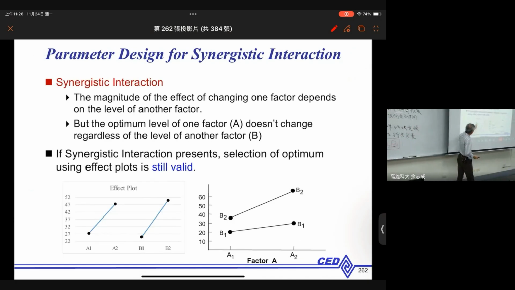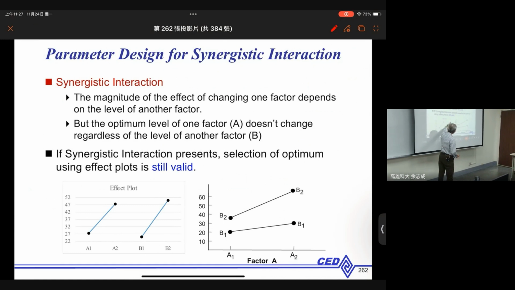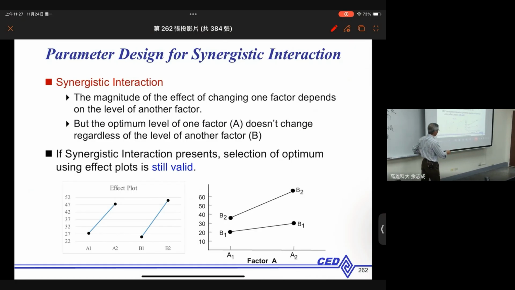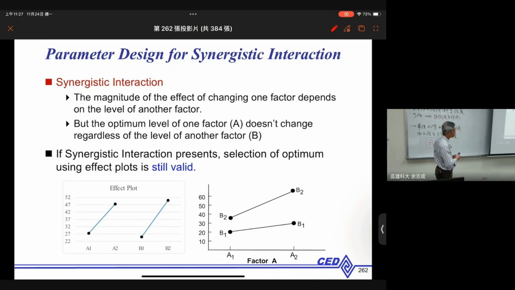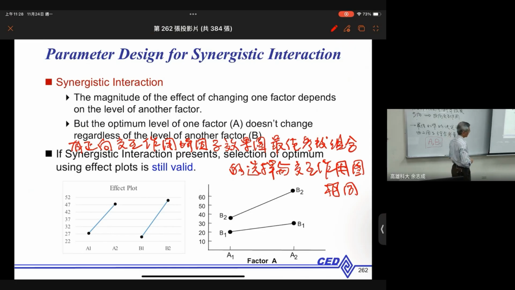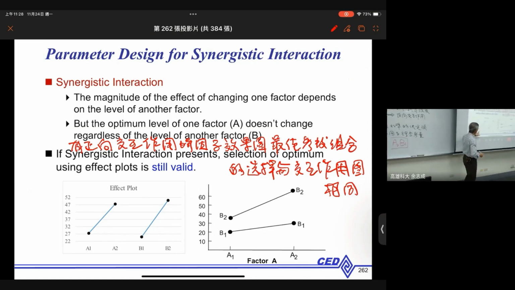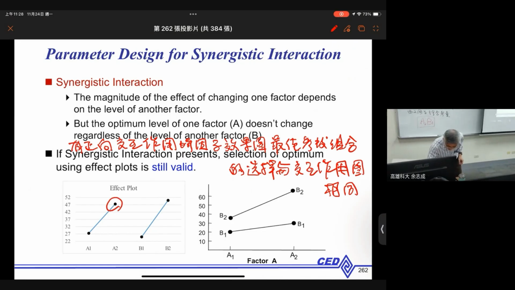Selection of A2 is better. A2 is better. And B2 is better. As you can see here, B2 is always higher than B1. So B2 is better. The selection of A and B will be the same as the effect plot if they are synergistic. The selection will be the same because in the effect plot, we will select A2 and B2.